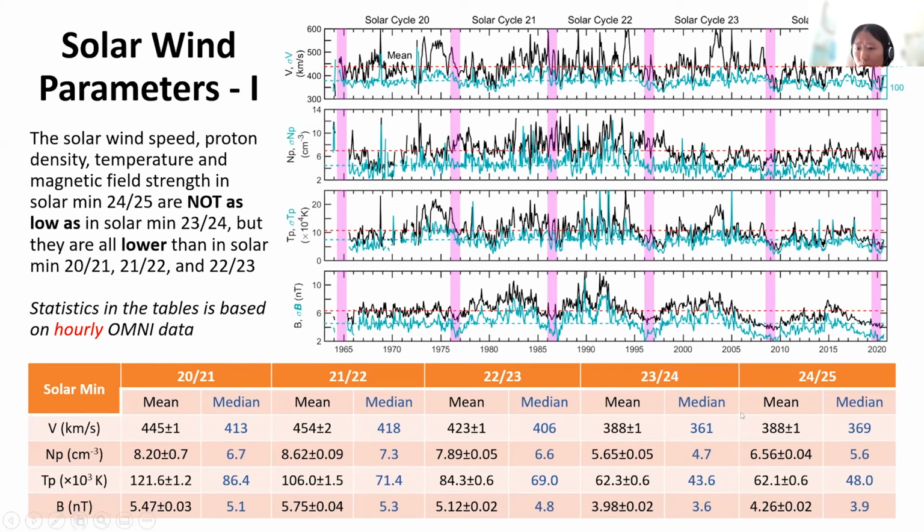So it's more meaningful, and in general, these parameters fall between the values of the first 3 and the last minimum, 23-24. And you can also see an interesting solar cycle dependence for most of these parameters.